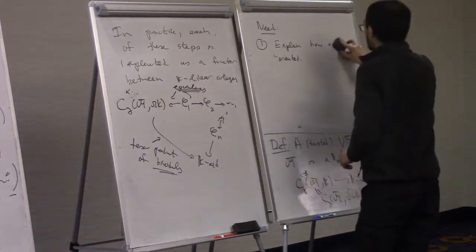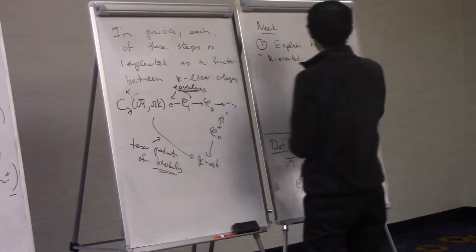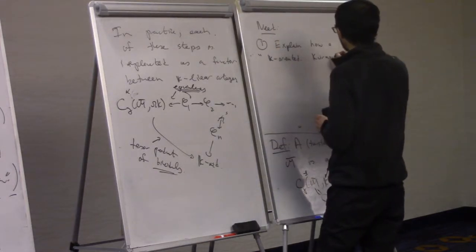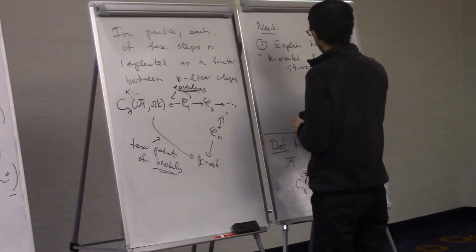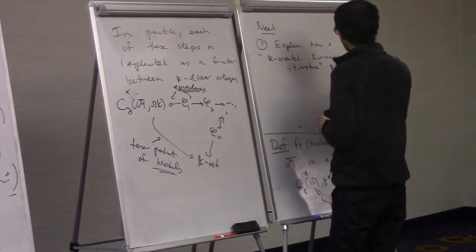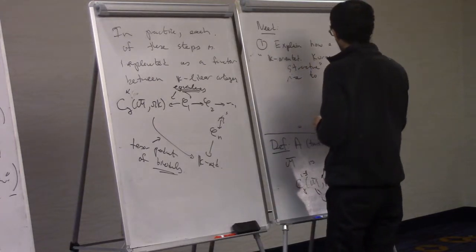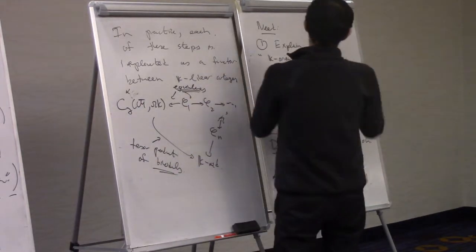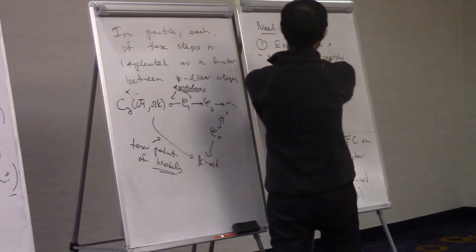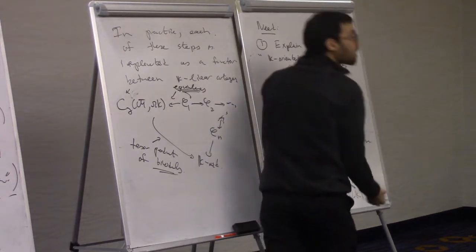So maybe I'll use some terminology here. A K-oriented Kuranishi structure gives rise to a virtual fundamental chain in this setting. So what's going to happen basically is that the Kuranishi structure should be oriented relative to whatever the target of this functor should be.